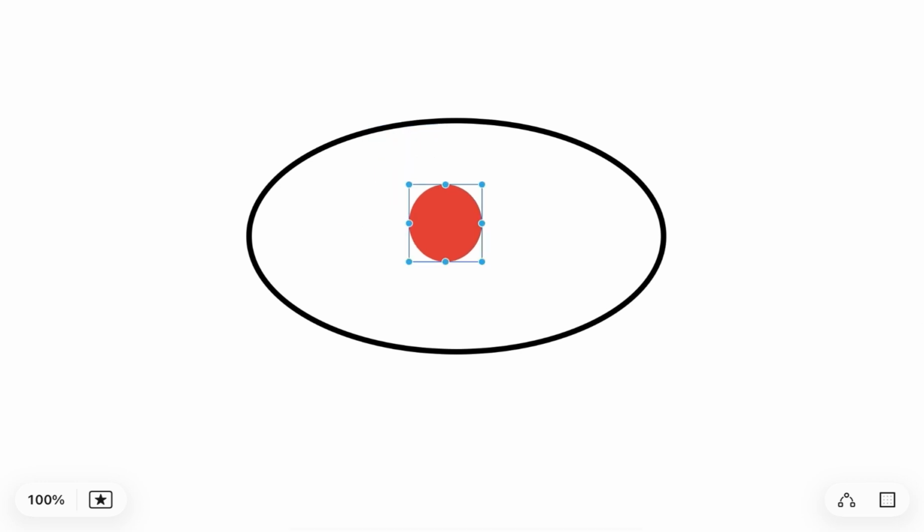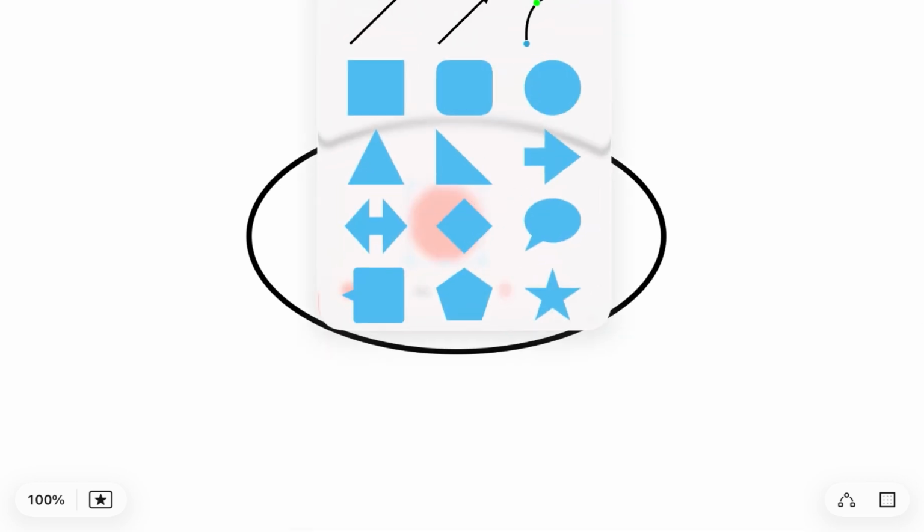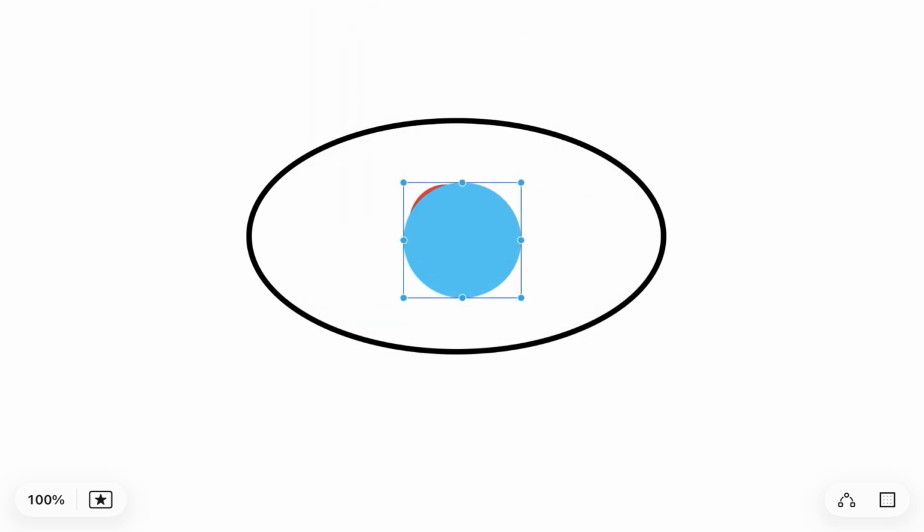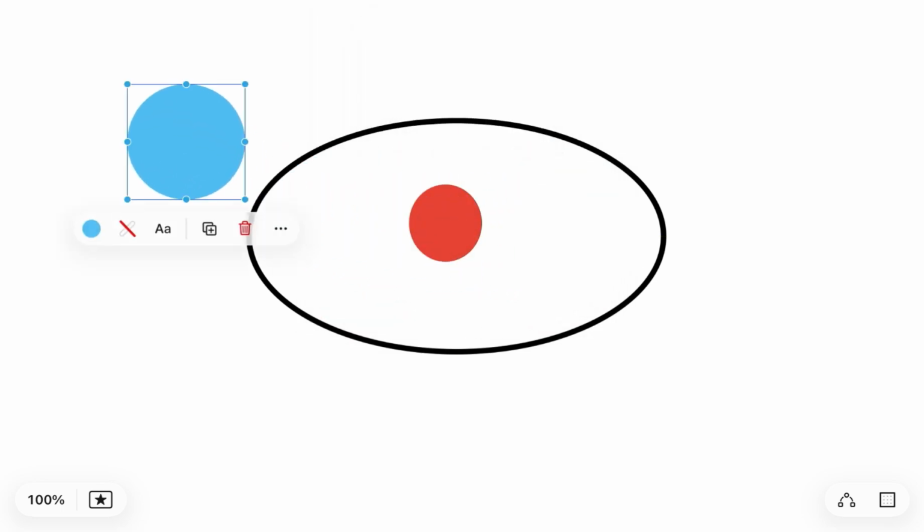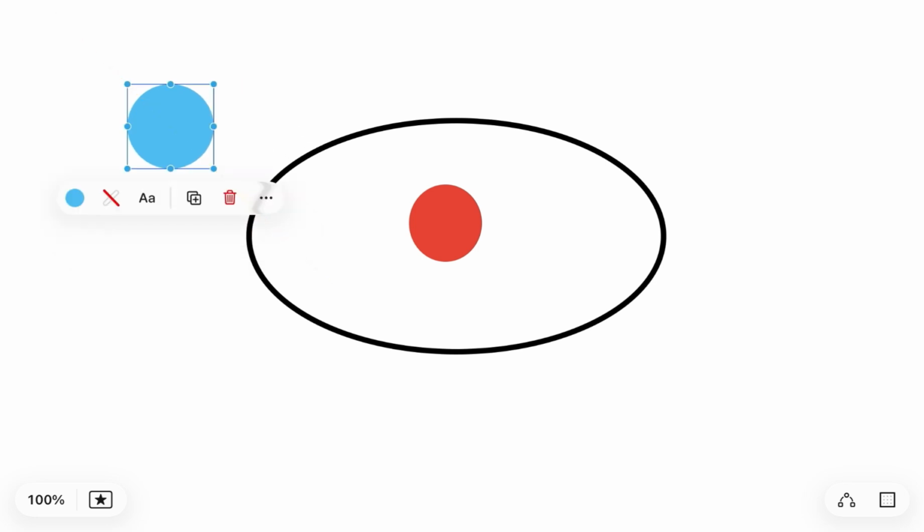And this is the sun, and let it be blue for the earth.